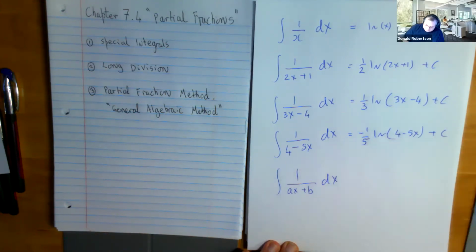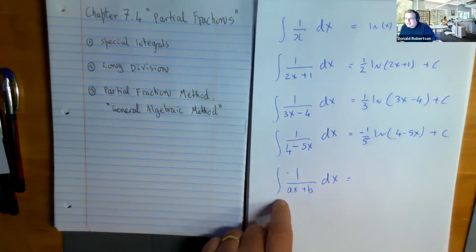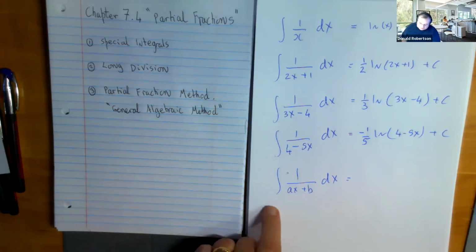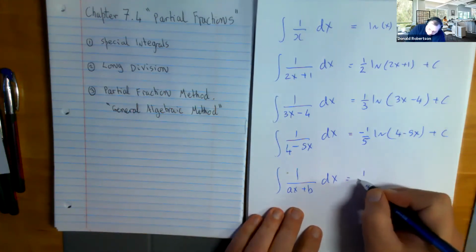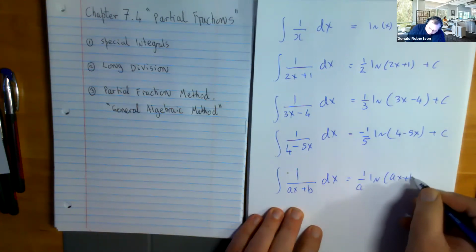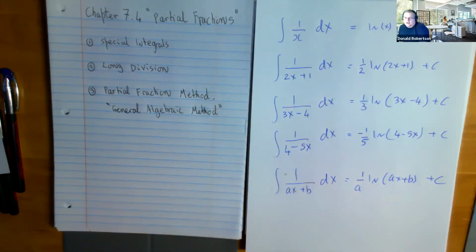Yeah. In general, 1 over ax plus b, where a can be any number you like and b can be any number you like. The general version of that is 1 over a, the natural log of ax plus b, add c. Now, you know that's essentially the linear shortcut method, isn't it? But just for one specific situation.